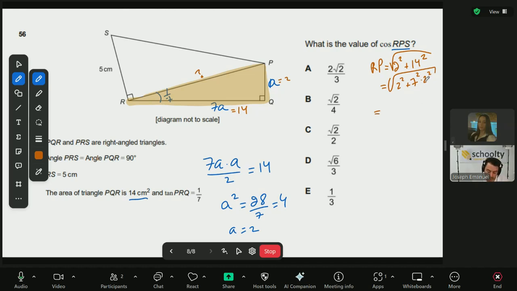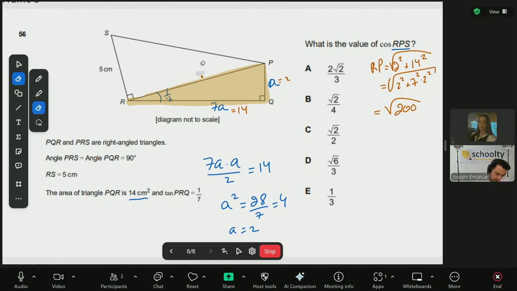This is 49 multiplied by 4, which is 196. So 196 plus 4 is 200. So RP is the square root of 200.